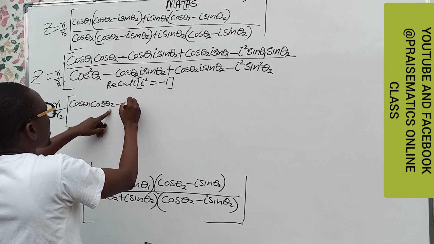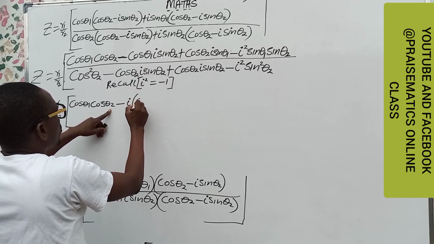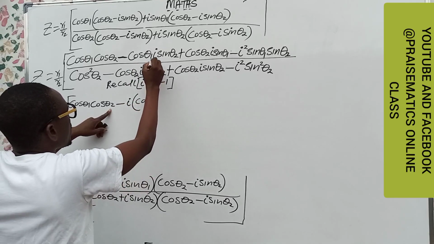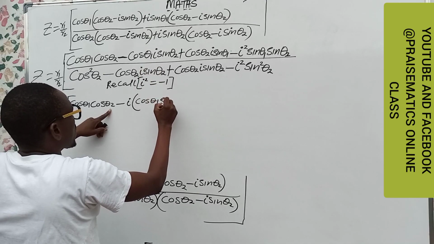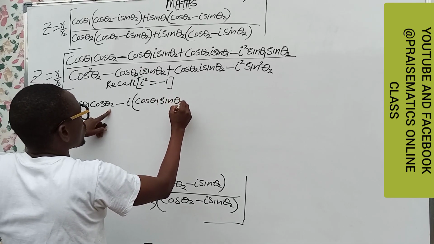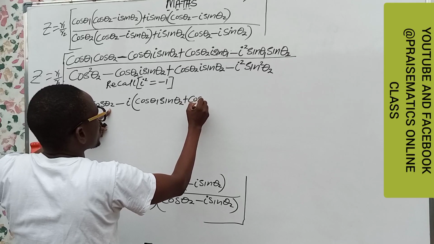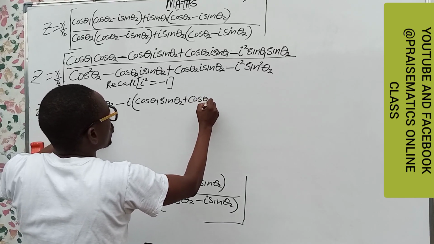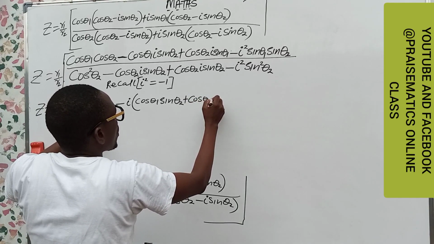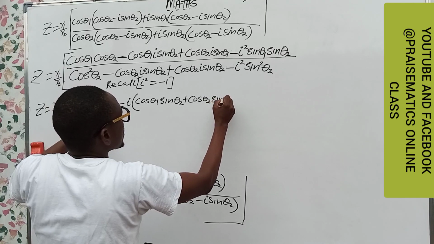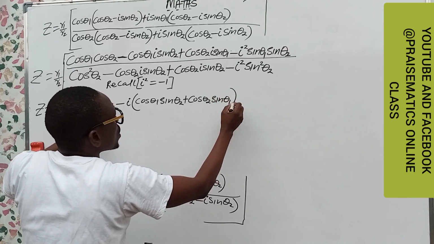minus i into bracket, cos theta 1 sine theta 2 plus cos theta 2 sine theta 1, close it.